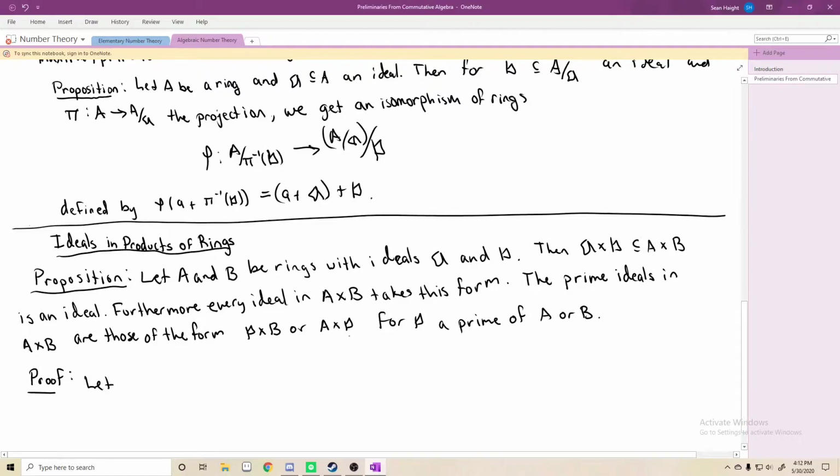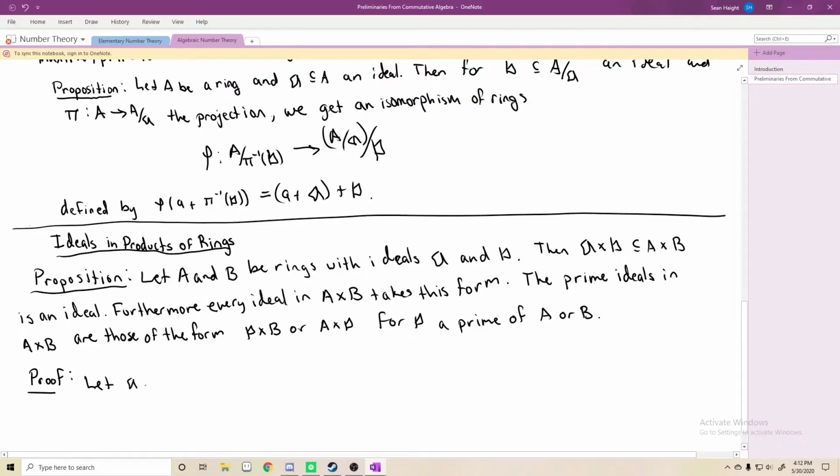There are really three claims here. The first claim is that the product of two ideals, one in A and one in B, is an ideal in the product. I'm not going to prove this one in much detail. I'll just say that it's relatively straightforward using the definition.